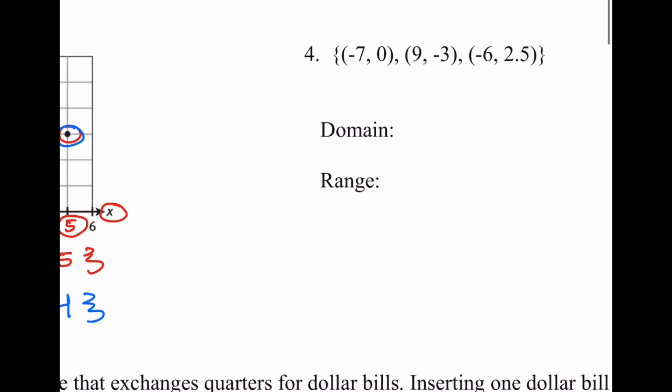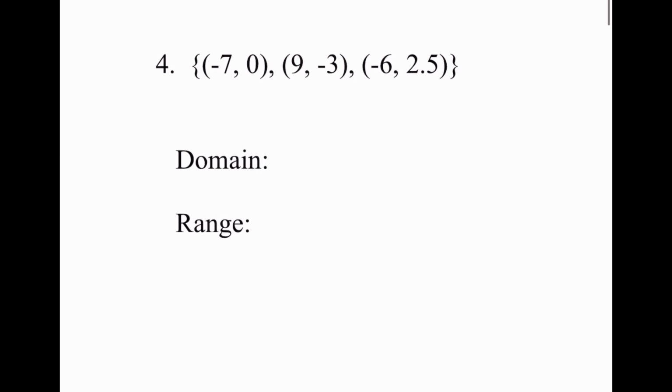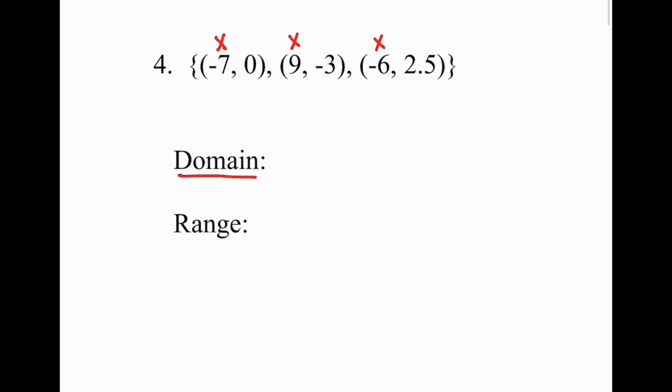Let's look at question 4. I have a list of ordered pairs. In my ordered pairs, I know that the input is listed first, my x is listed first, and that is my domain. So all of the first values are in my domain. That is -7, 9, and -6.